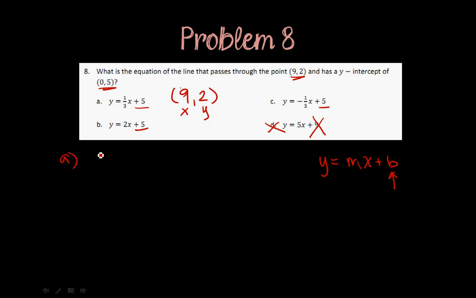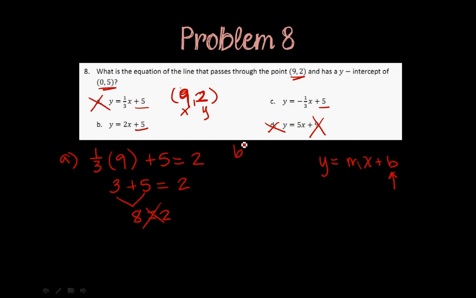Let's try A first. 1/3 of 9 plus 5 should equal 2 if we have it right, because we want a 2 when we plug in 9. So 1/3 of 9 is 3, plus 5 equals 2 is not true, that's 8. So A is out.